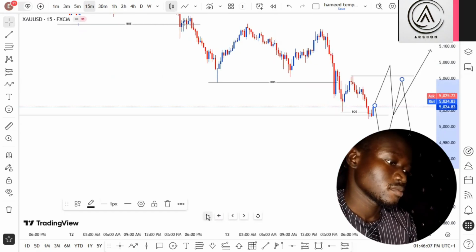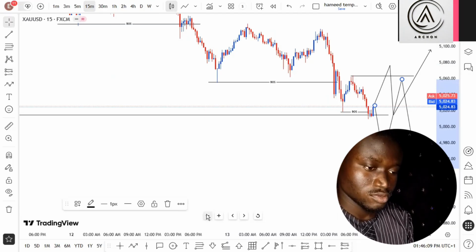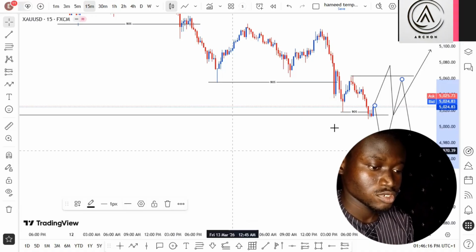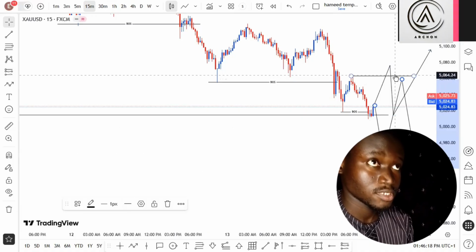So by Monday, during the Asian session, we expect the market to move either to the downside here or to the upside here.